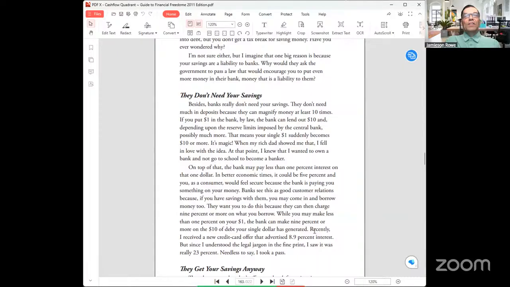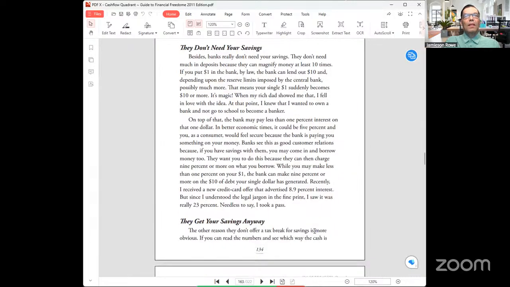Banks see this as good customer relations because if you have savings with them, you may come in and borrow money too. They want you to do this because they can then charge 9% or more on what you borrow. While you may make less than 1% on your $1, the bank can make 9% or more on the $10 of debt your single dollar has generated.